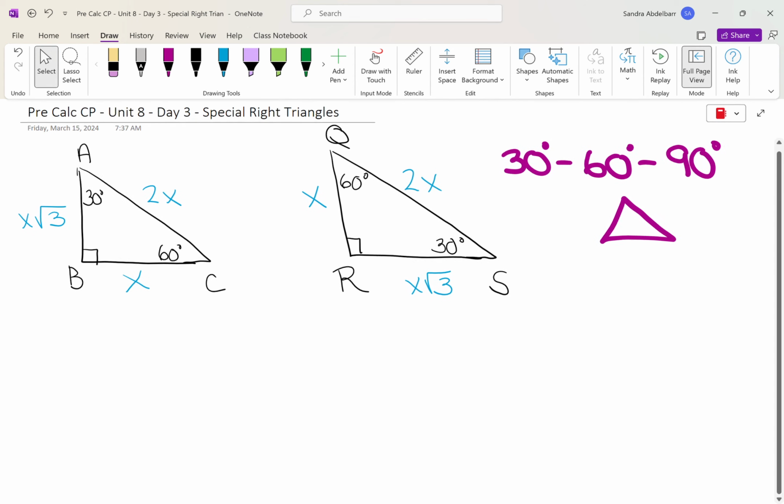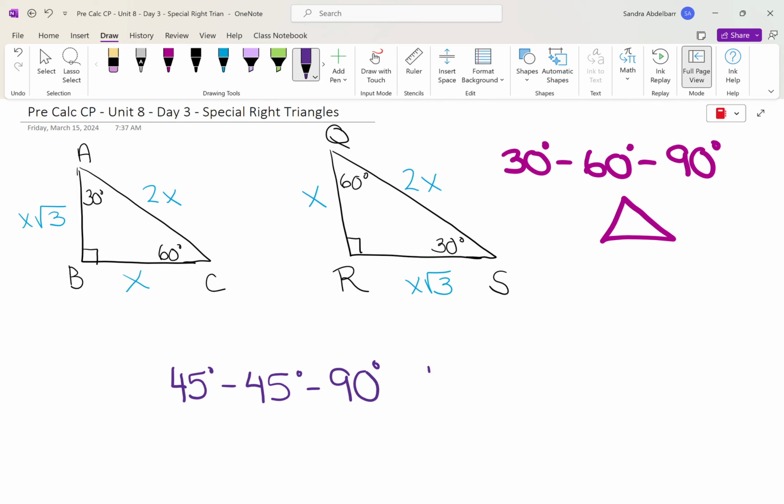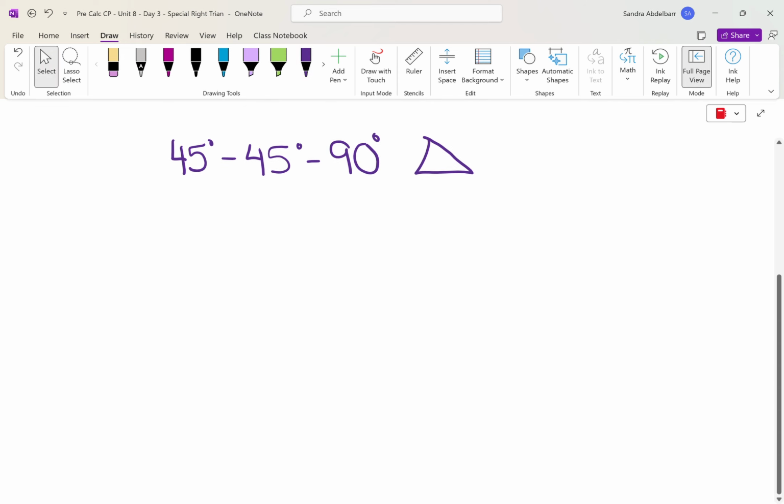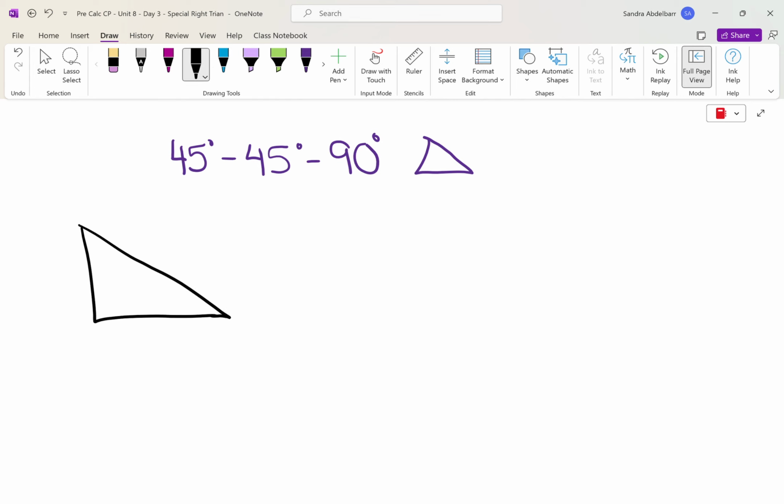Now let's talk about our 45, 45, 90. Those are the two special triangles. In a 45, 45, 90 triangle, I'll call this triangle LMP. You have a right angle, and the acute angles are both 45 degrees.